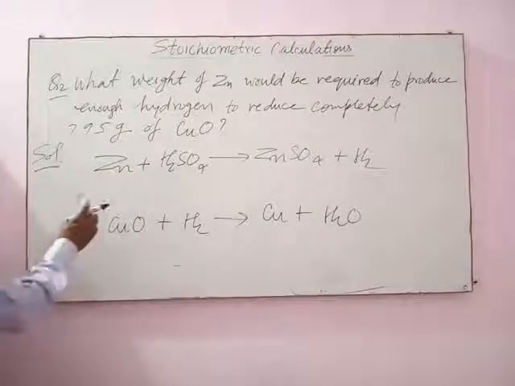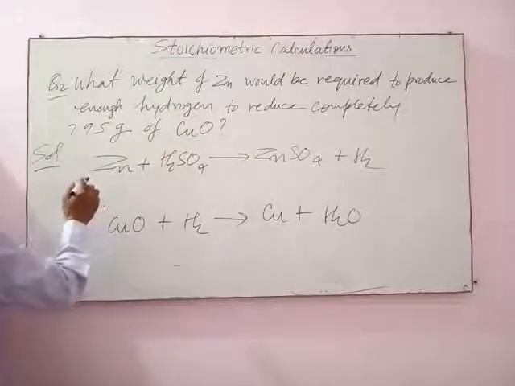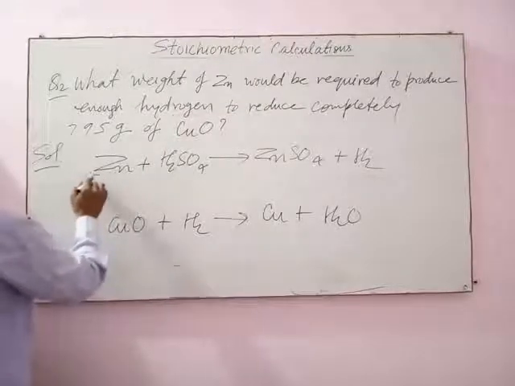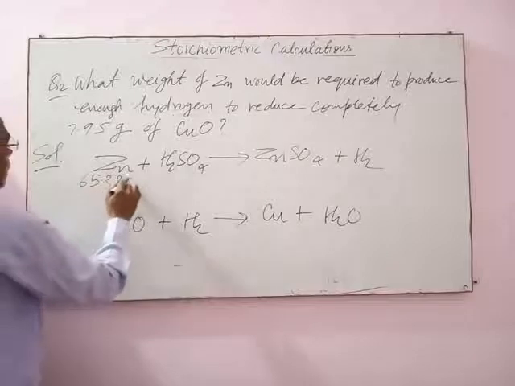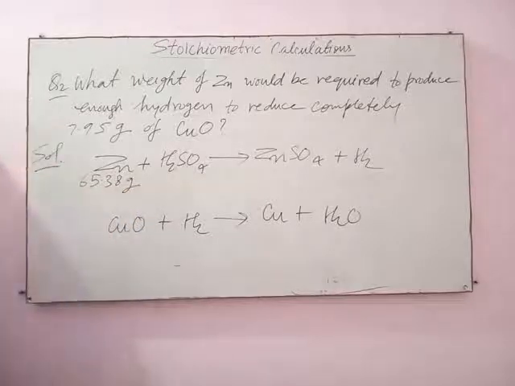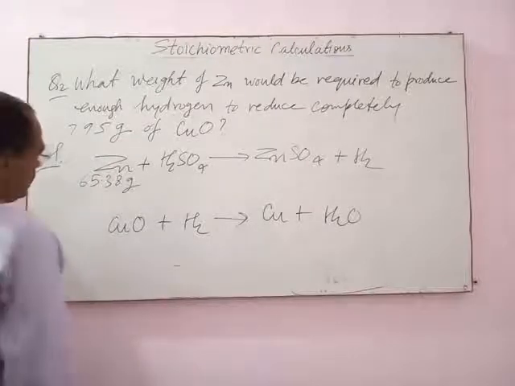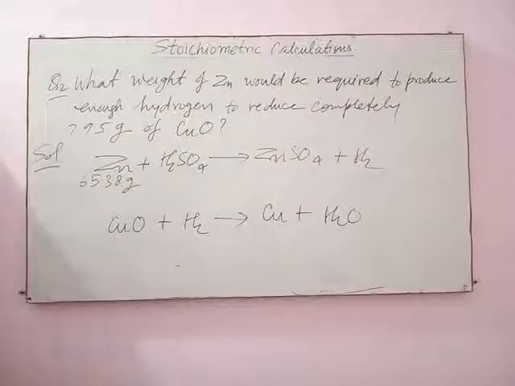Atomic mass of zinc is 65.5 or 65.38 gram. Gram atomic mass of zinc is 65.38. Generally it is written as 65.5.